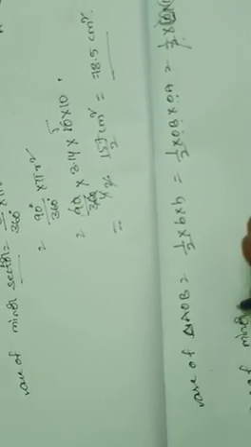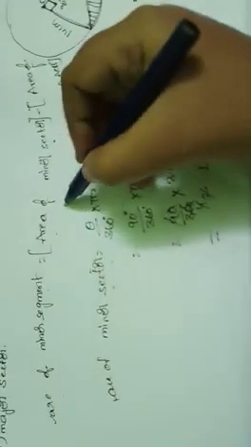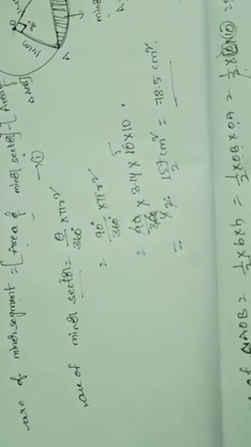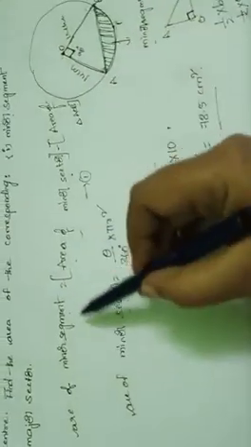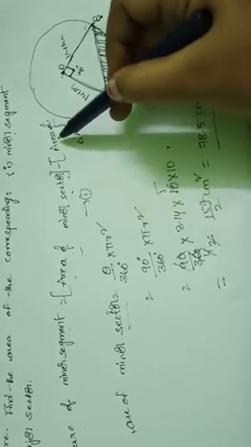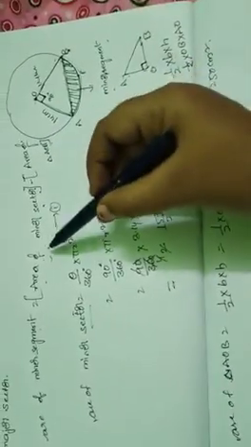Here we want area of minor segment. Area of minor segment equal to, let this is equation 1. From equation 1, area of minor sector minus area of triangle AOB. What is the area of minor sector?